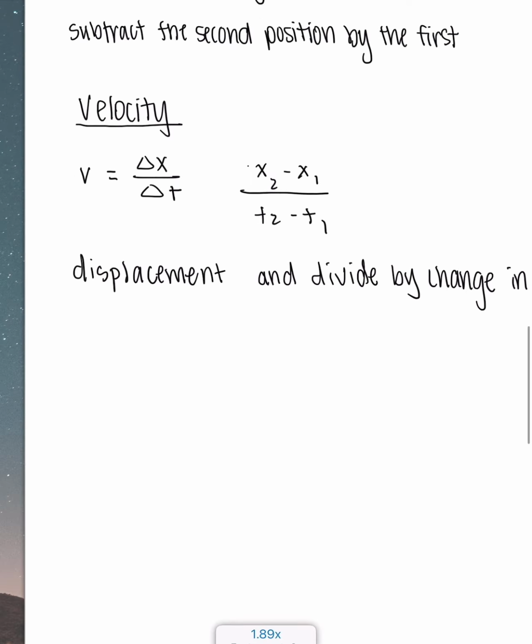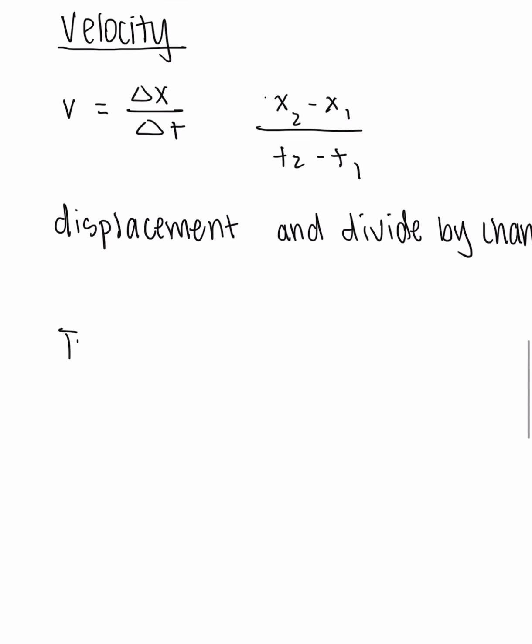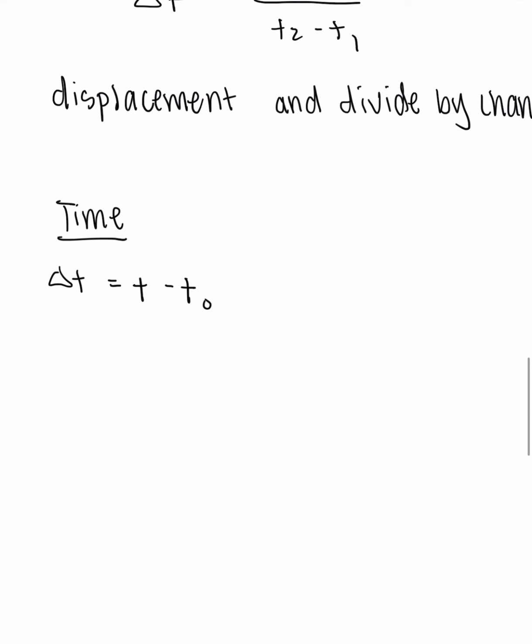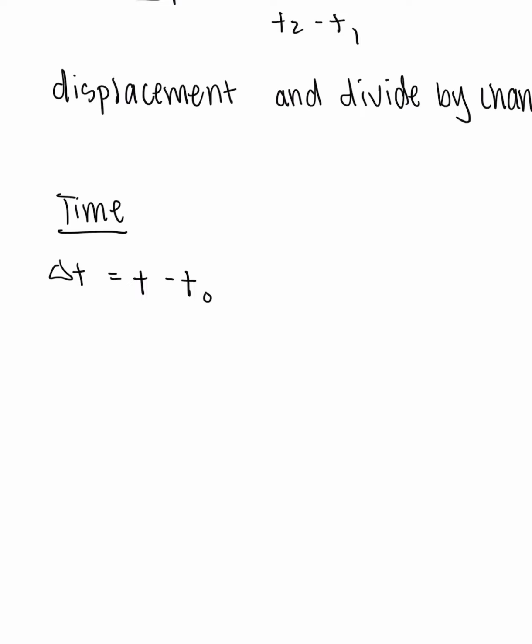On the topic of change in time, the change in time equation would just be change in time is equal to t minus t naught. You would take the second value and subtract it by the first.